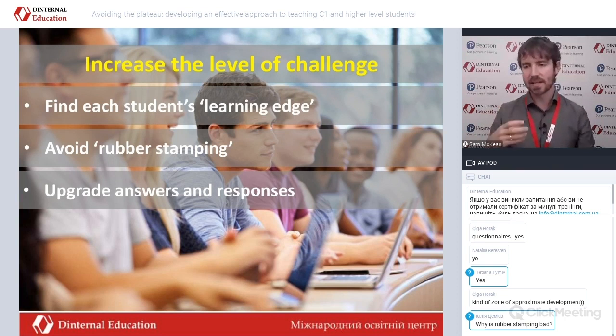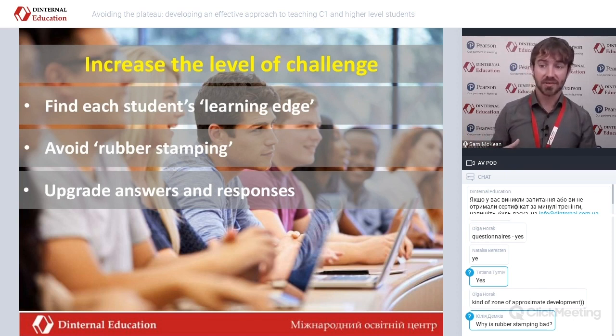Instead of immediately confirming that a student's answer was correct, we should be encouraging them to improve an aspect of the answer they've given, if there is scope to do so. So to help our students, we can ask them a question to highlight what aspect of their answer they can improve.